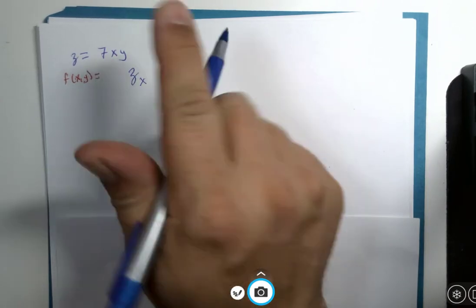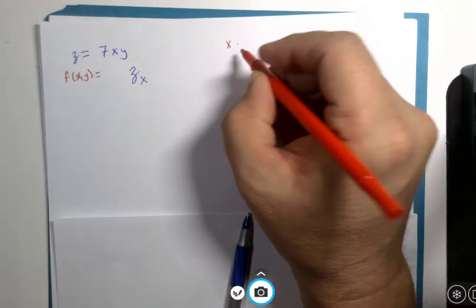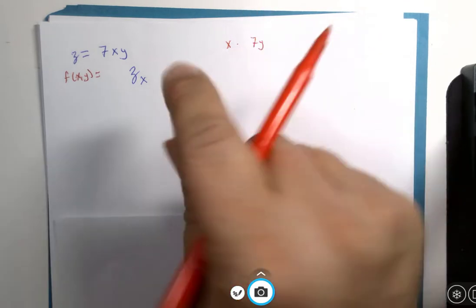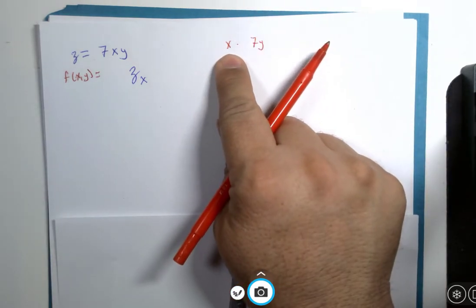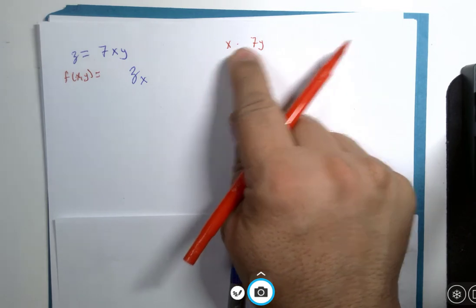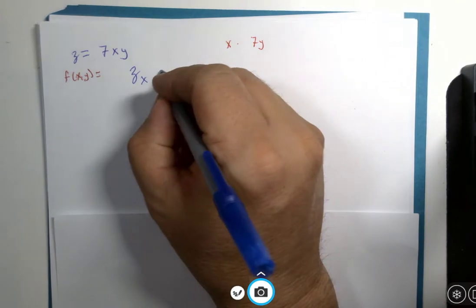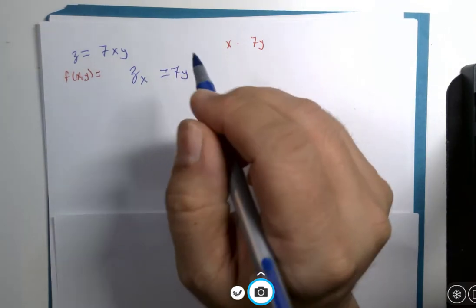So you can almost write the problem so we have our x and then we have our 7y constant. What's the derivative of x? Well, that's right, it's just 1. So we have 1 times 7y, which is just 7y.